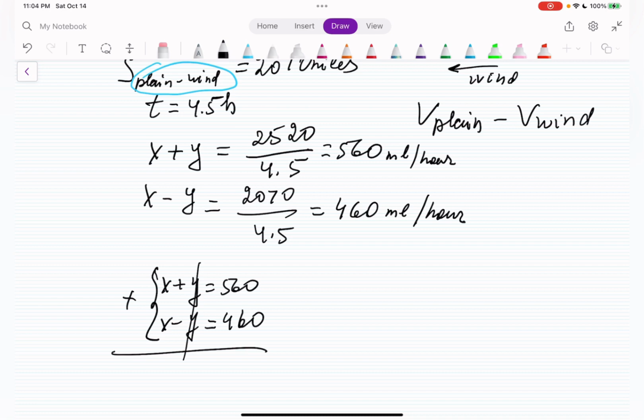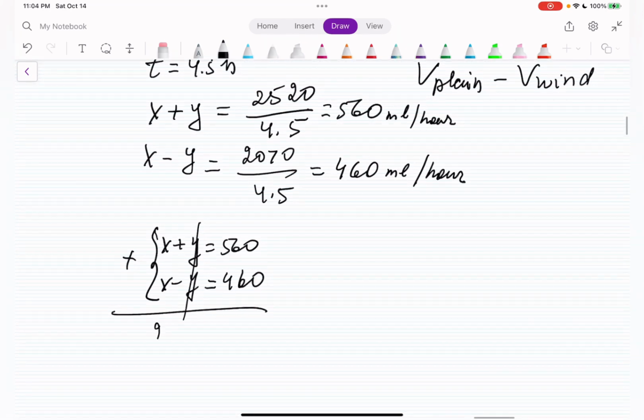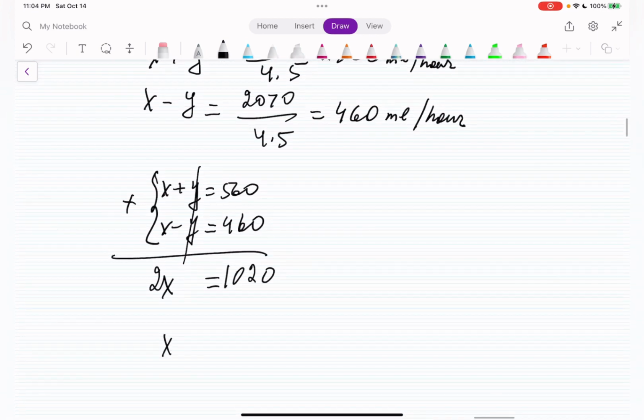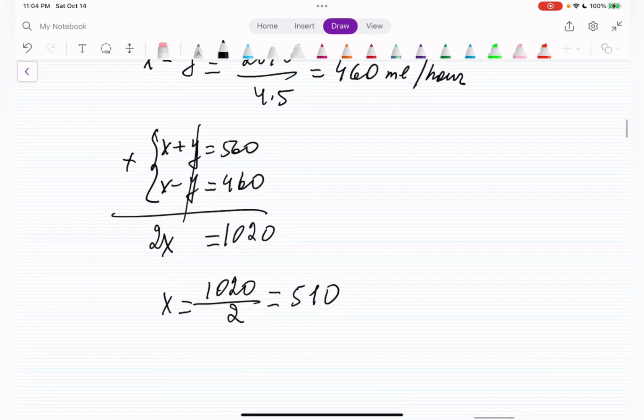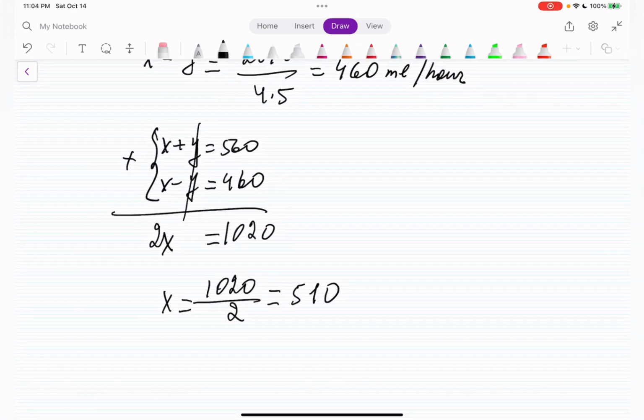The plus y and minus y are going away, and I'm getting 2x is equal to, if I add 560 to 460, I'm getting 1,020. And x is going to be equal to 1,020 divided by 2. It's going to be 510.